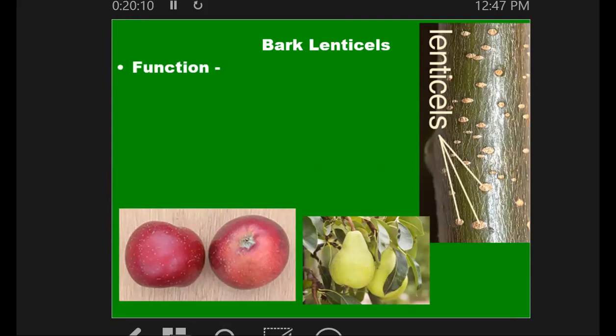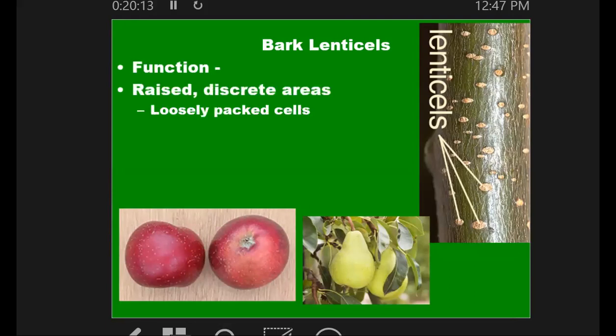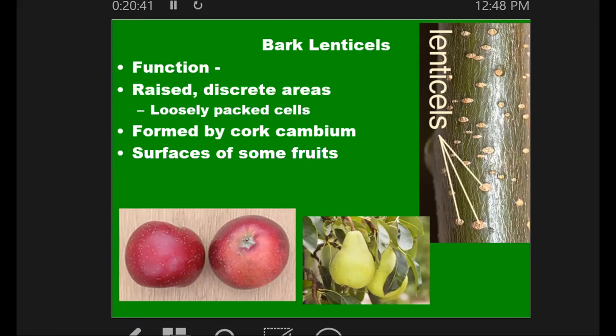We talked about bark lenticels already in the cells and tissue section, but again, it's this more loosely designed patch of cells that allows for better airflow and access to oxygen, because those living cortex cells, the parenchyma, the phloem, all of those cells have to stay alive. They need oxygen to do that. And so the cork cambium's job is to also make sure that there are some regular lenticels in the overall design. Sometimes you can see them with the naked eye, but sometimes you look at bark and you're like, where are the lenticels? They're there, you just can't see them because of the roughness of the bark.